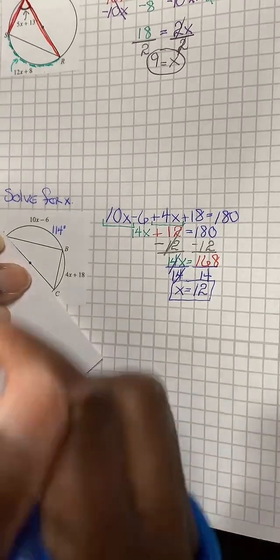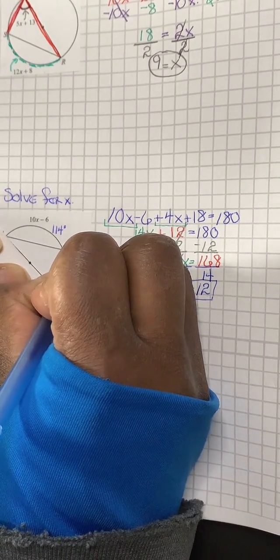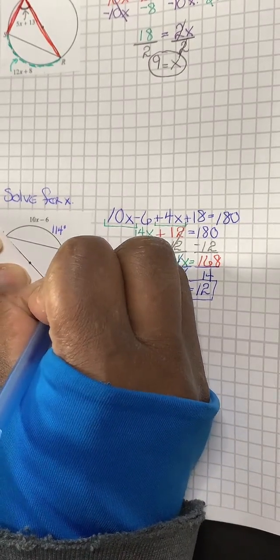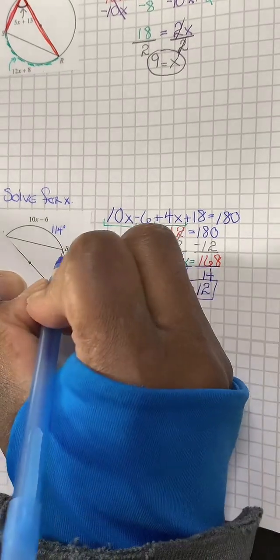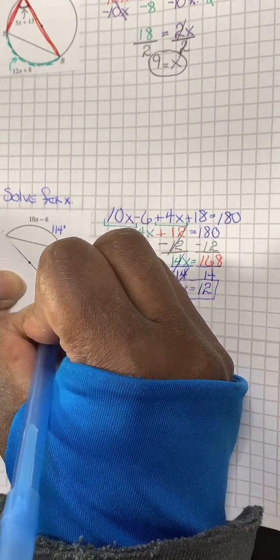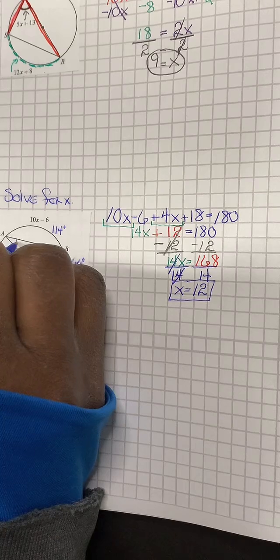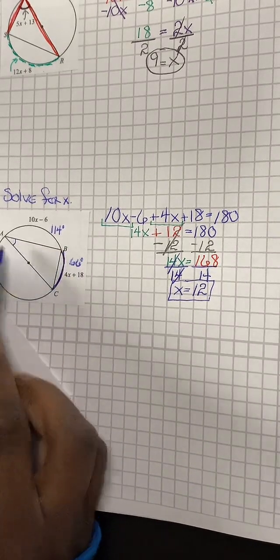There we go. 66. There we are. All right. So if this arc BC is supposed to be 66, what's the measure of this angle BAC?